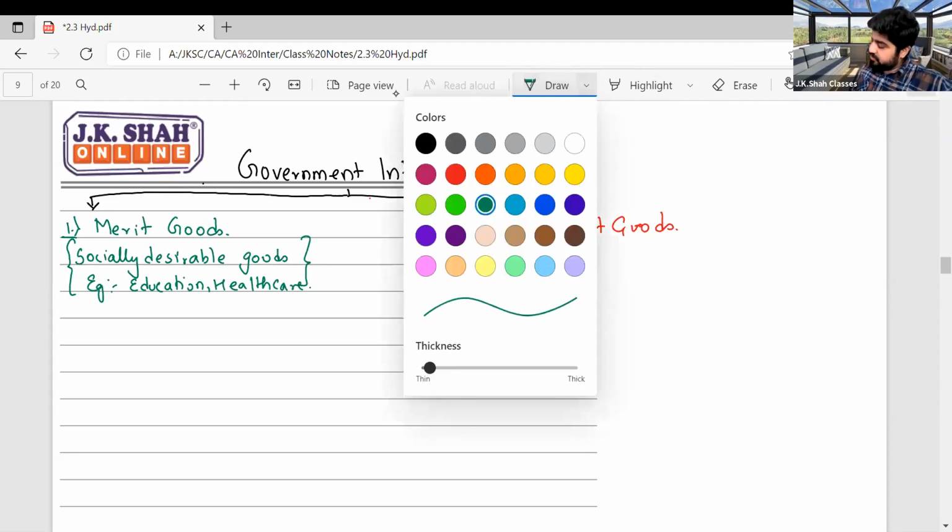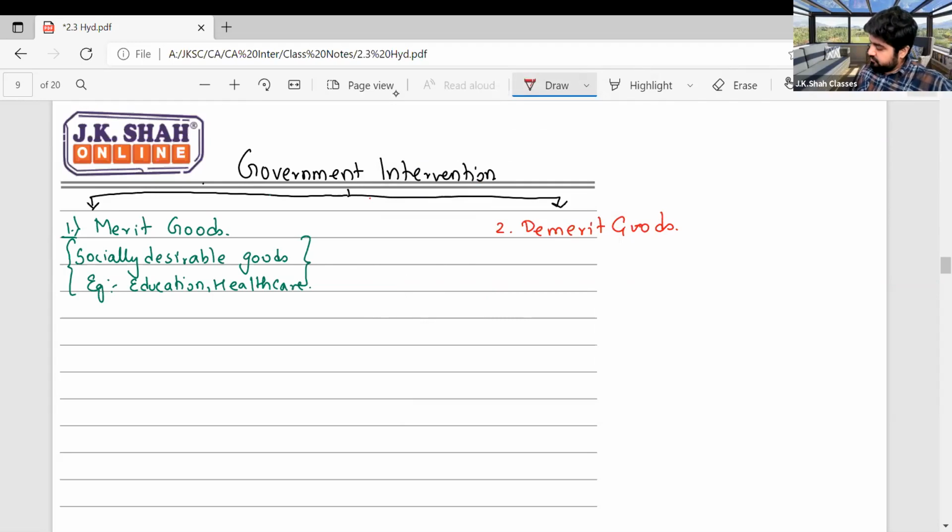And demerit goods means socially undesirable goods.